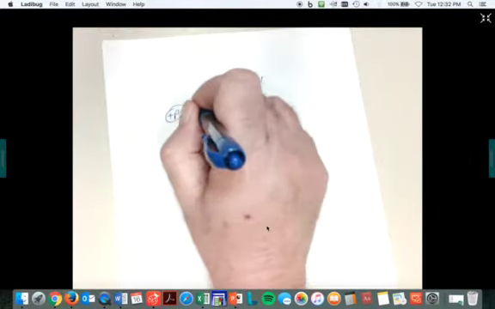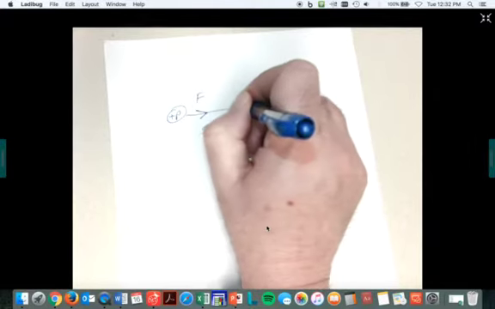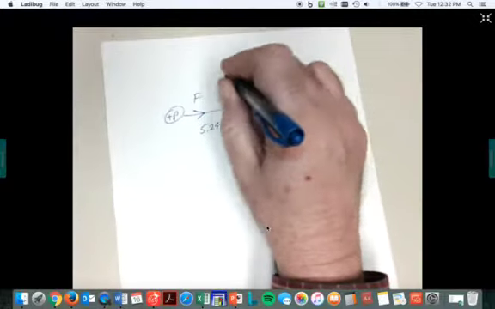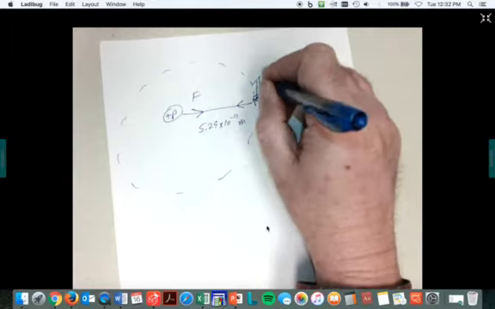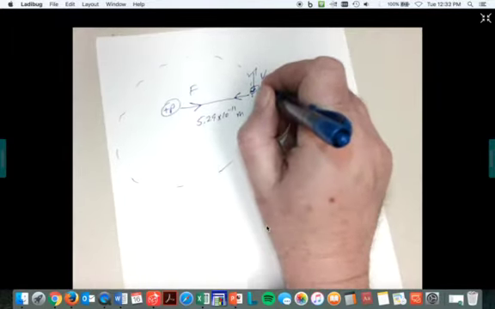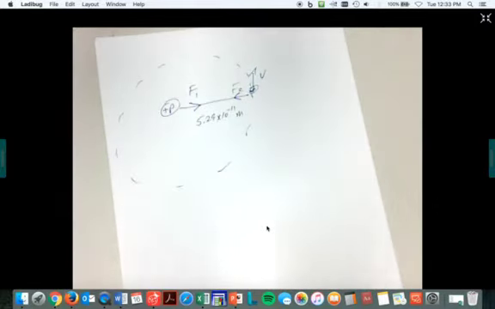So the proton is attracted to the electron with a force, and the electron is attracted to the proton with a force, but the centripetal action is keeping it going in its orbit like this. And we want to figure out what that velocity v is. We'll worry about that in a moment. Let's just take a look, and this is force 2. Notice they're attracting because they're opposite charges.